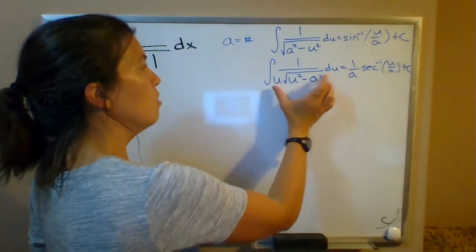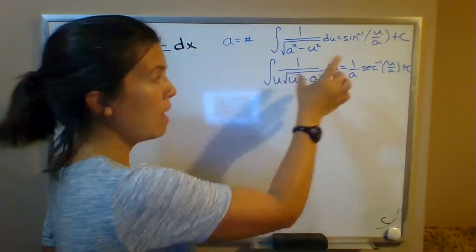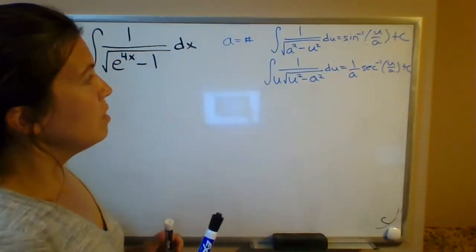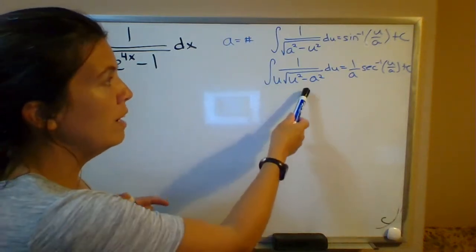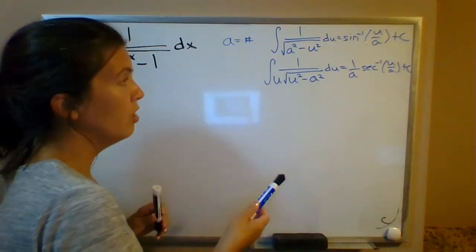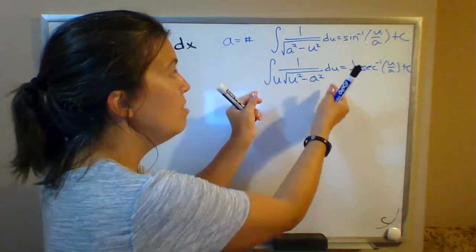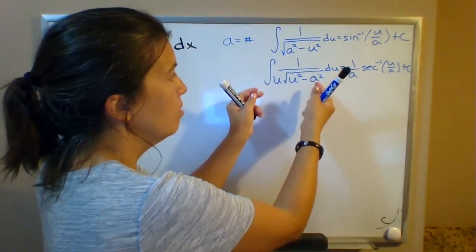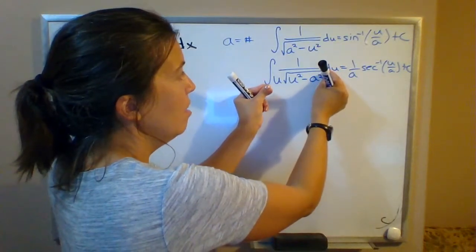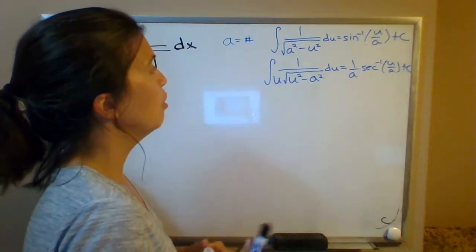In fact, when you integrate integrals that are going to turn out to be arcsecant functions, you have to bring that factor back in. So a lot of times when you're integrating problems like this, you'll have to bring in some factor in the numerator and denominator to get it in this form. That's something worth noting.